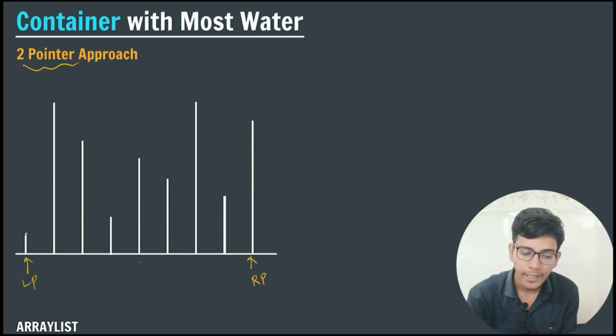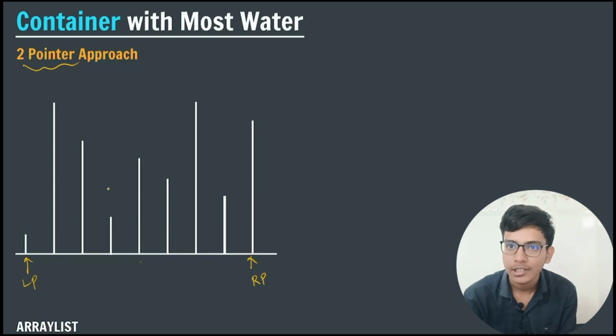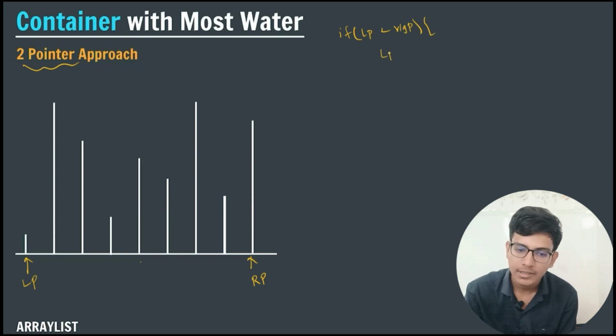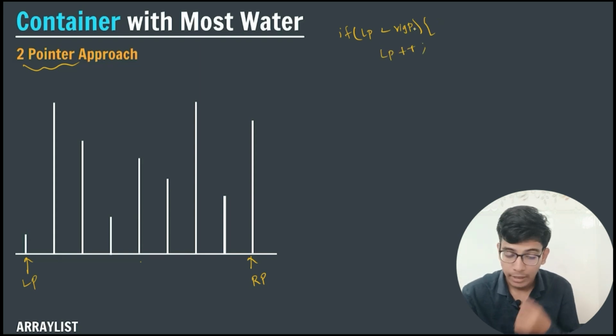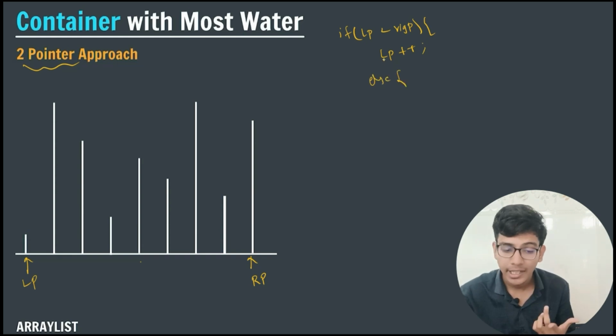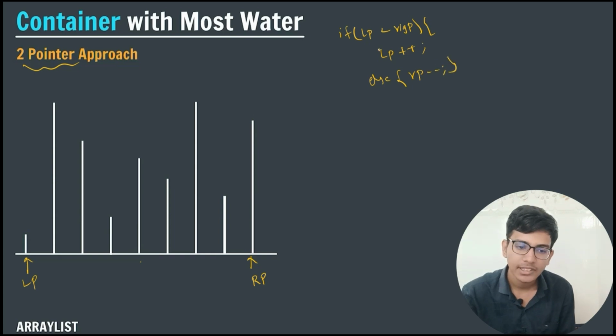And there's only one condition you need to understand here: if my left pointer is less than my right pointer, then we'll do left plus plus. Else, we'll do right pointer minus minus. That's all. This is the only thing.